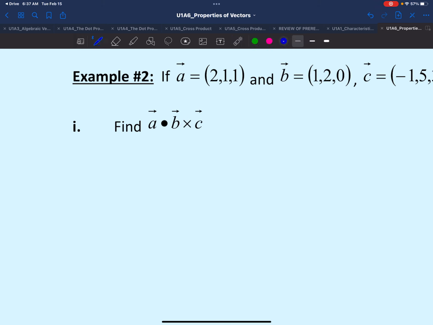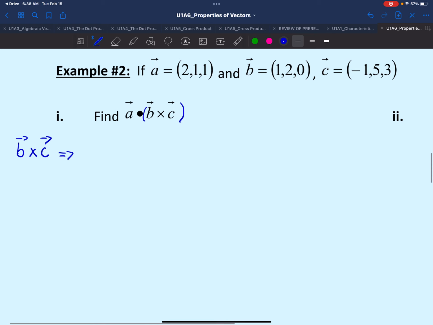So let's go. B cross C. We're going to list the vectors B and C, which are 1, 2, and 0. And vector C, negative 1, 5, 3. And here is I, J, K. I, J, K. Draw the line.